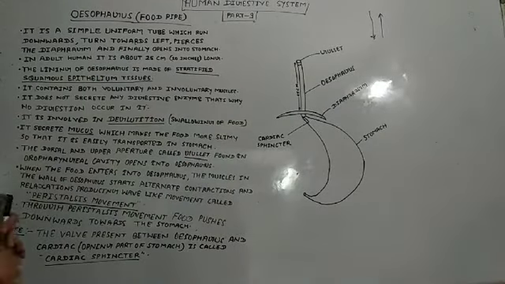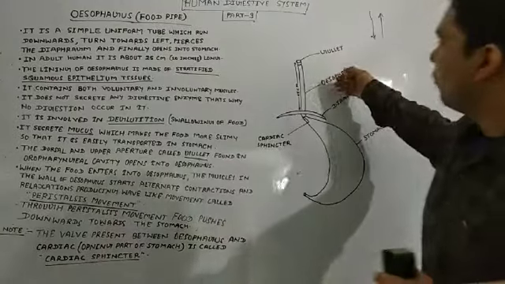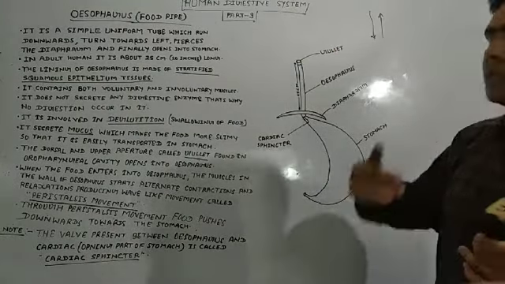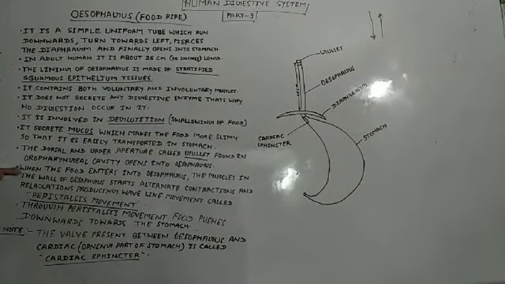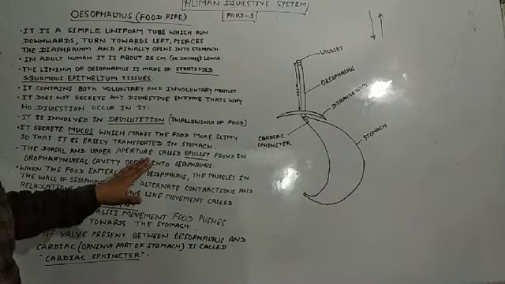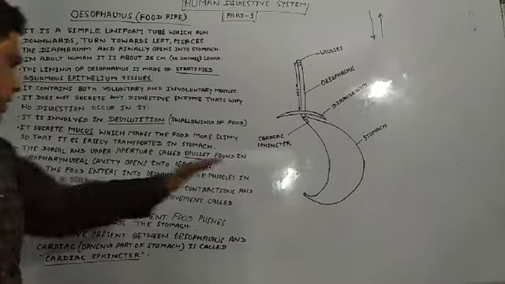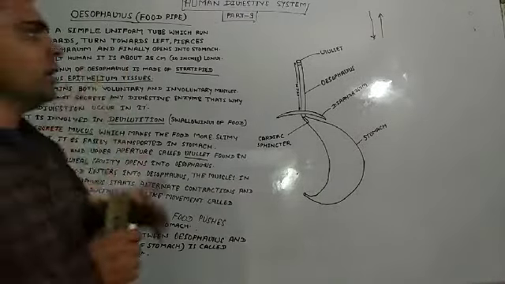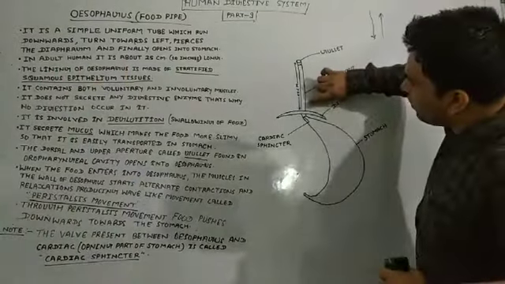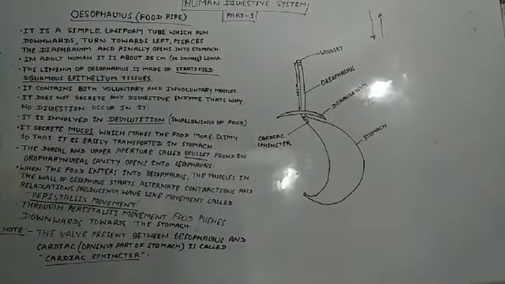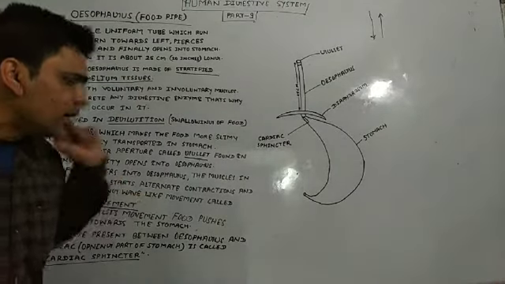Here, the wall of the esophagus has many muscles. When the food enters the esophagus, the muscles found in the wall of the esophagus start alternate contractions.